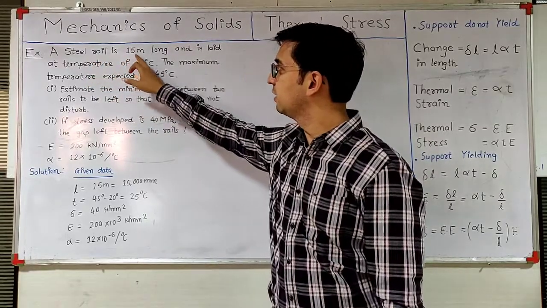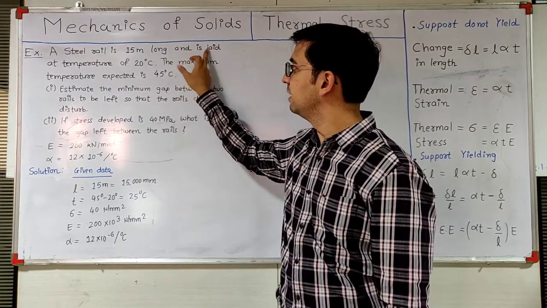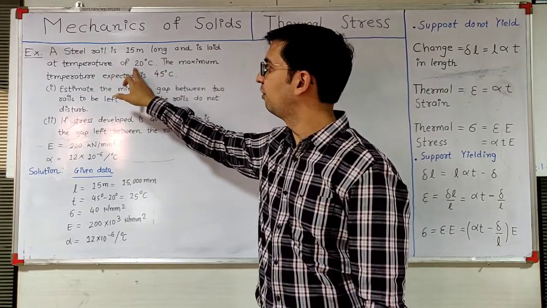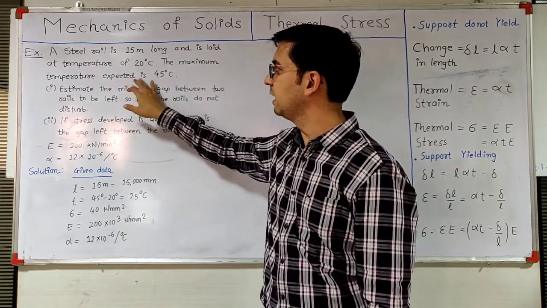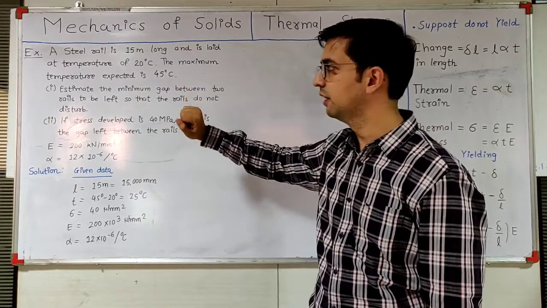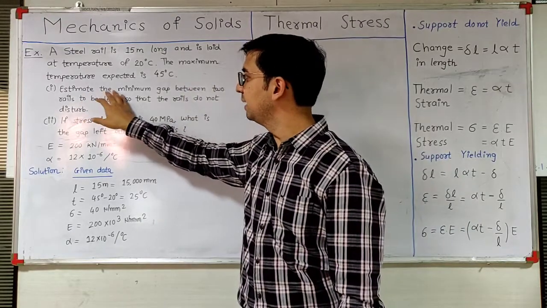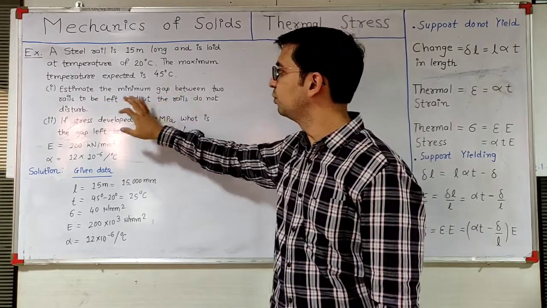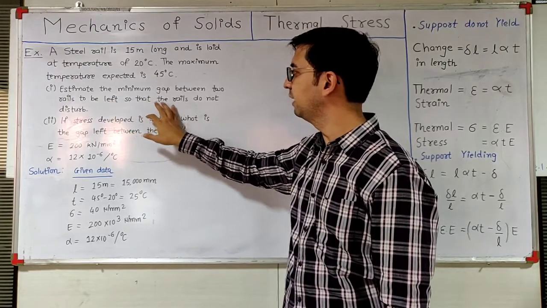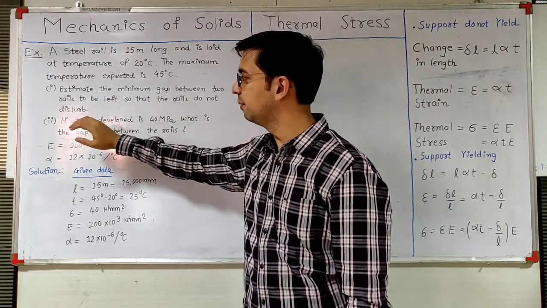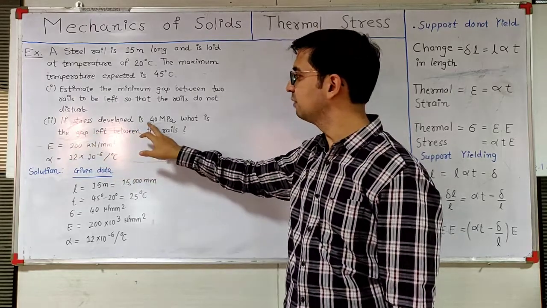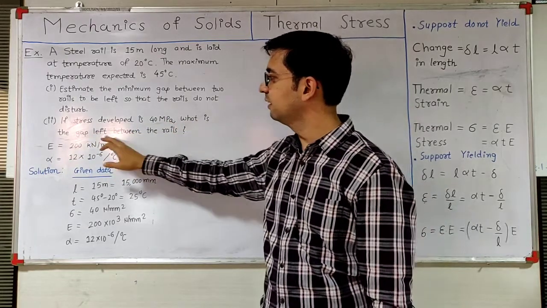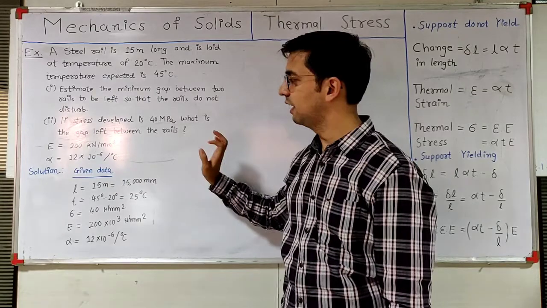A steel rail is 15 meters long and is laid at a temperature of 20 degrees Celsius. The maximum temperature expected is 45 degrees Celsius. First, estimate the minimum gap between two rails to be left so that the rails do not get disturbed. Second, if the stress developed is 40 megapascal, what is the gap left between the rails?